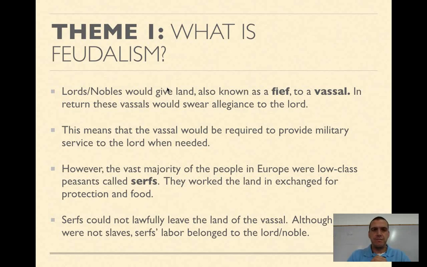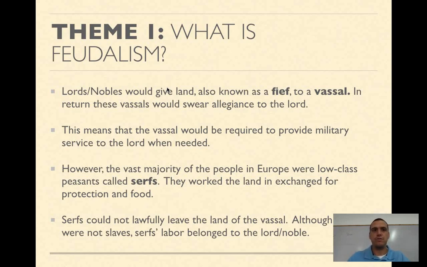As feudalism developed as a social and economic structure, the vast majority of the people in Europe were low-class peasants. And in the feudal system, these peasants are called serfs. And you might have heard this word before. A serf is a feudal term for the working class, the peasant class.